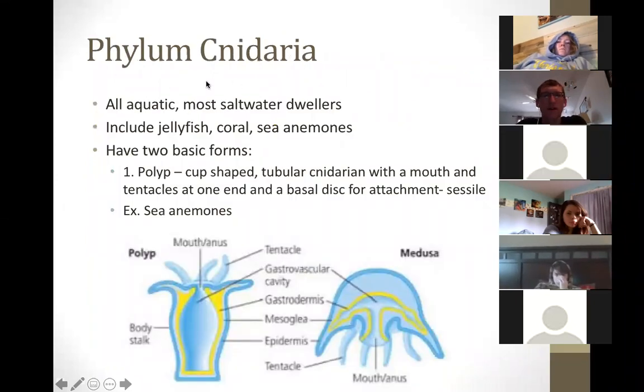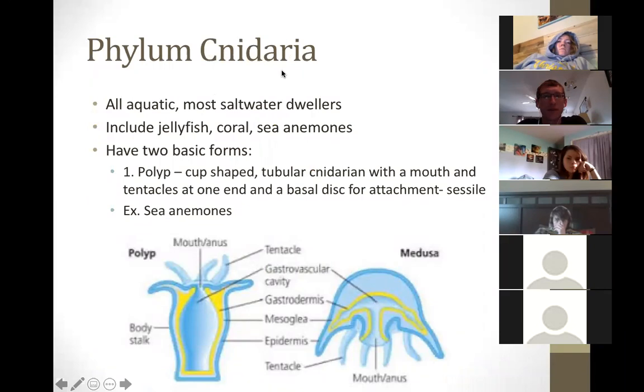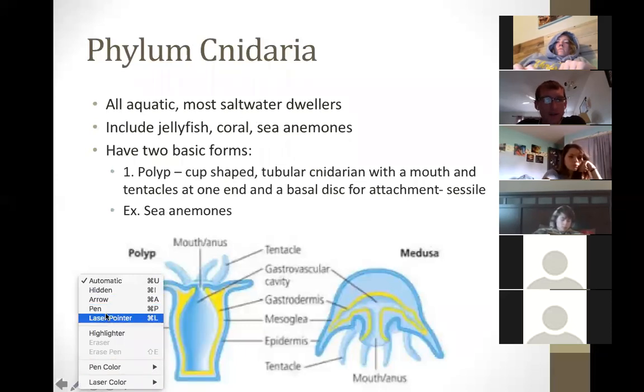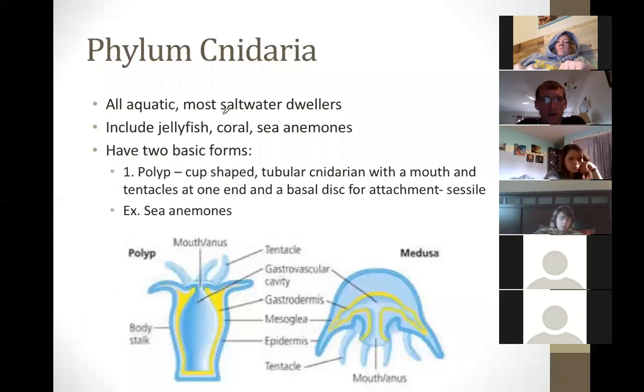So let's talk cnidarians for the next few minutes. We're about out of time here, but cnidarians are pretty much in the salt water only. These are not going to be sponges. We're talking about jellyfish primarily here, but anything that has these little tentacles and then a bell-shaped body, right?